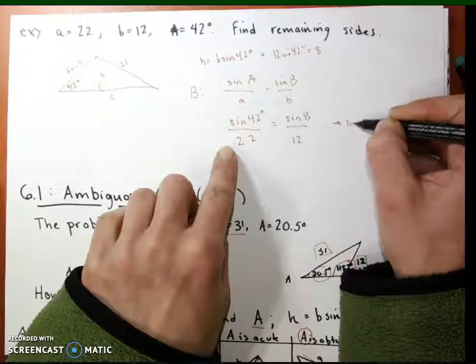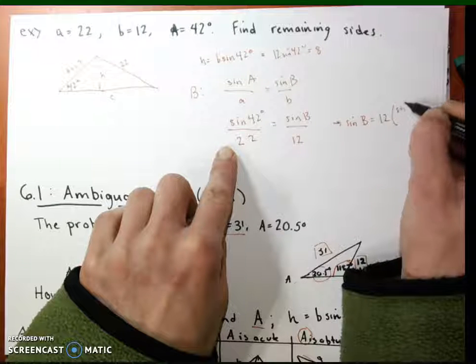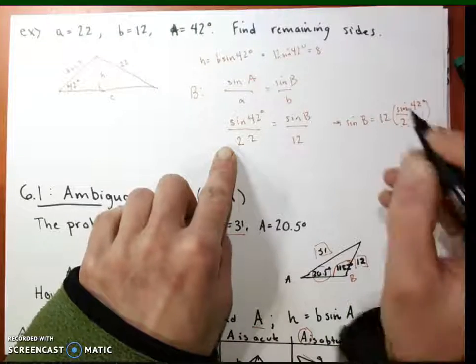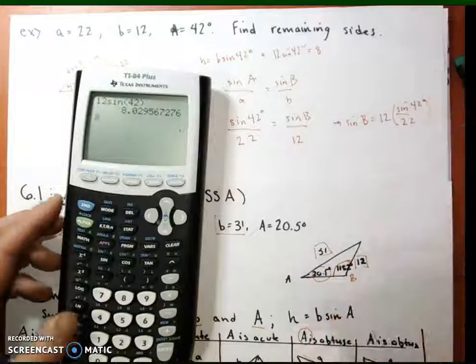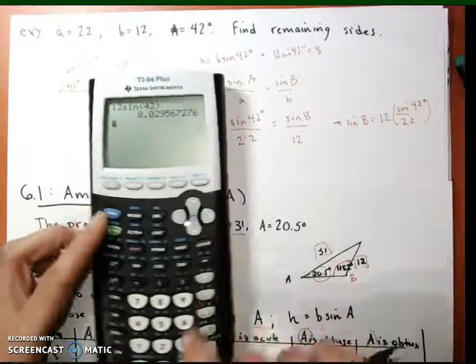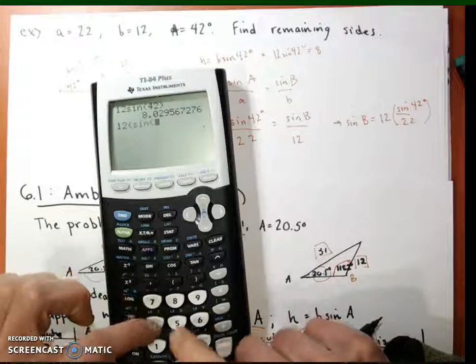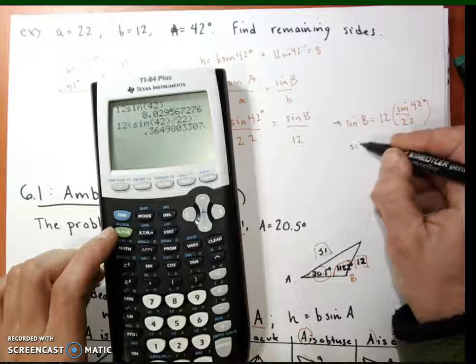So this tells me sine of B equals 12 times sine 42 degrees over 22. I'll plug that into my calculator. So I do 12 times sine of 42 divided by 22. That's supposed to be sine of B.